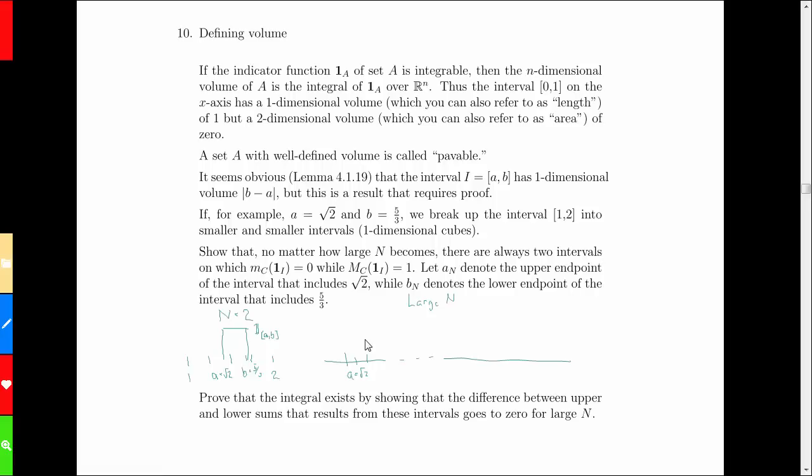And it's going to fall in some dyadic cube that has an upper boundary, which I'll call a sub n. Here is b equals 5/3. That's going to fall in some dyadic cube that has a lower bound, which I will call b sub n.